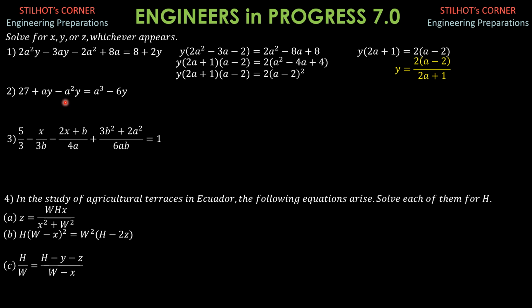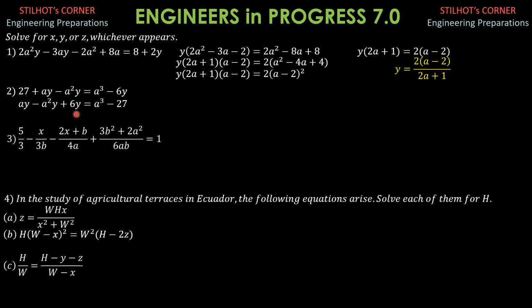So here we transpose negative 6y to the left and 27 to the right. So we write this into ay minus a squared y plus 6y equals a cubed minus 27.